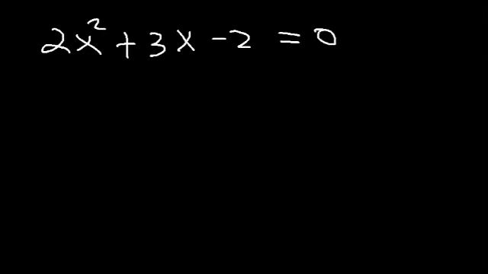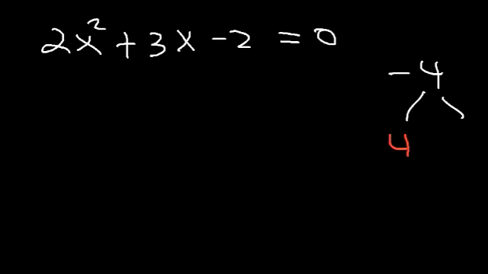Now, what if you have a trinomial where the leading coefficient is not 1? How can you factor this expression in order to solve for x? In this case, you need to multiply 2 and -2. 2 times -2 is -4. You need to find two numbers that multiply to -4 but still add to the middle term 3.